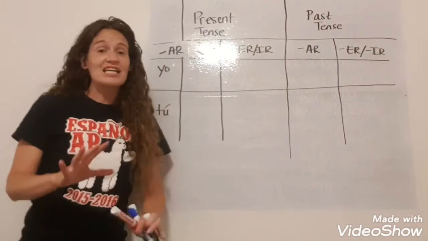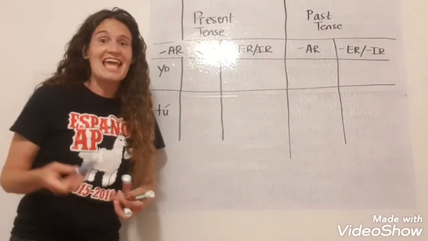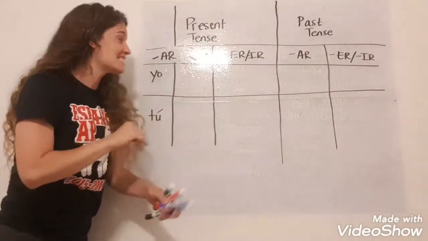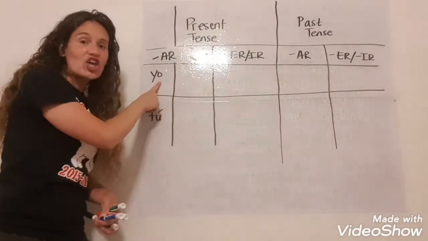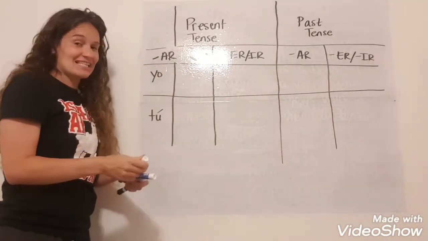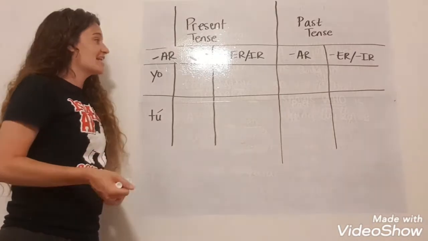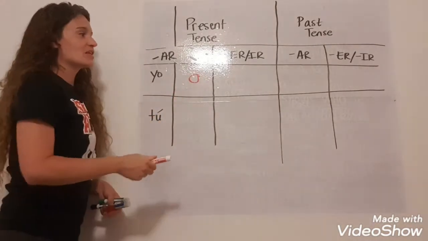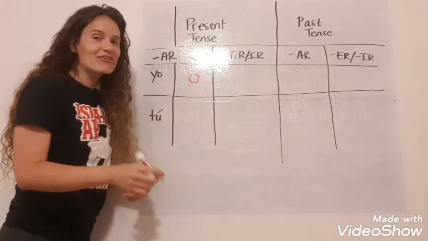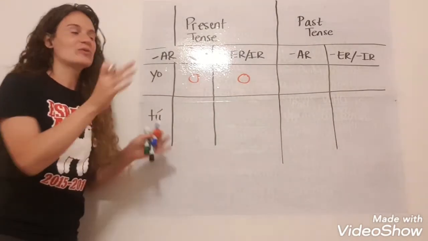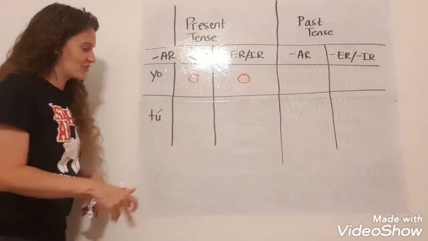Okay, first we're just going to deal with the endings. If you are talking about the present tense, our yo form, if it is an AR verb that ends in AR, then the yo ending will be O. If it is an ER or IR verb, the yo ending is also O. O and O. That's easy to remember.